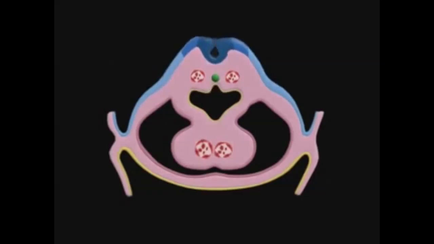In the same period, the neural groove becomes the neural tube, and from this tube will develop in future the spinal cord, and in the cranial pole of the embryo, the brain.